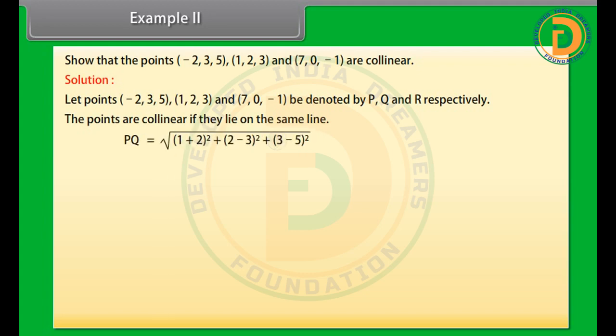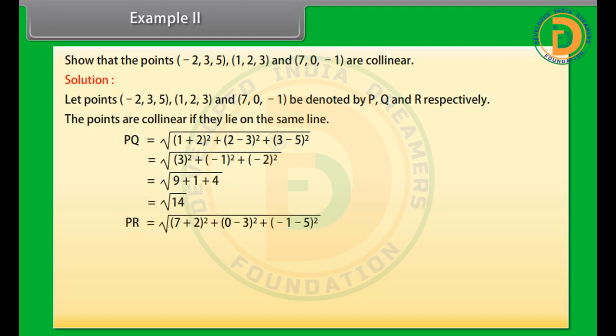PQ is equal to square root of (1 plus 2) square plus (2 minus 3) square plus (3 minus 5) square. After calculating PQ, we get square root of 14. PR is equal to square root of (7 plus 2) square plus (0 minus 3) square plus (-1 minus 5) square. After calculating PR, we get 3 into square root of 14.